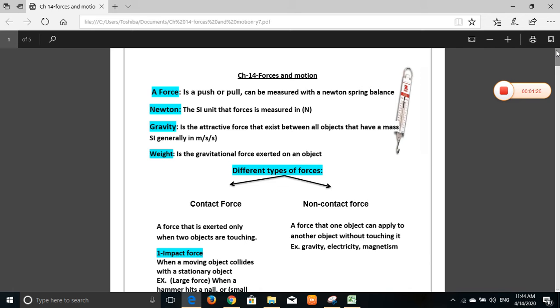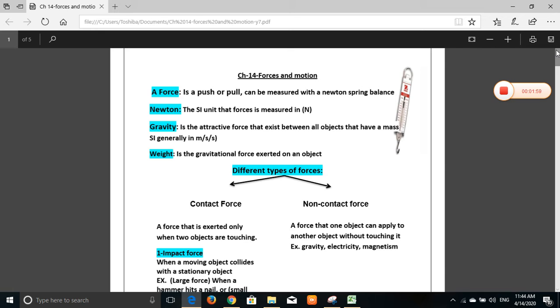If you make a moving object stop, like catching a ball after throwing it, this needs force. Changing the direction and the speed of the ball is also force. Changing the shape of an object: if you exert a force on it, squash it, compress it, twist it, all these are force. So force is a push or pull.